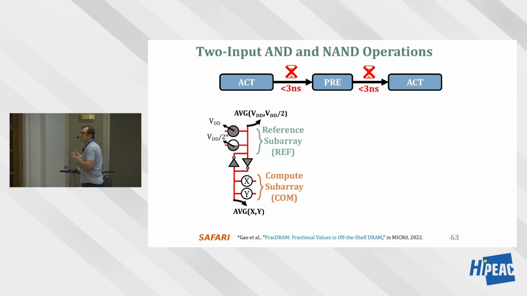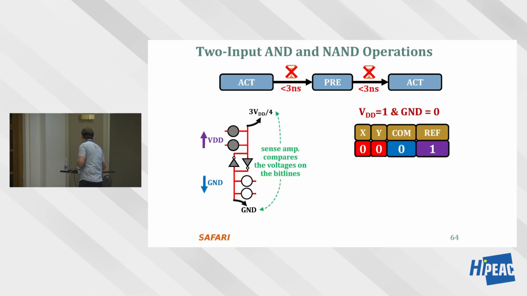Now it all depends on what X and Y are. The result of the function that I get in the reference and the compute are going to be the comparison of 3 VDD over 4 over here with the average of X and Y. Now let's take a look at what X and Y could be.